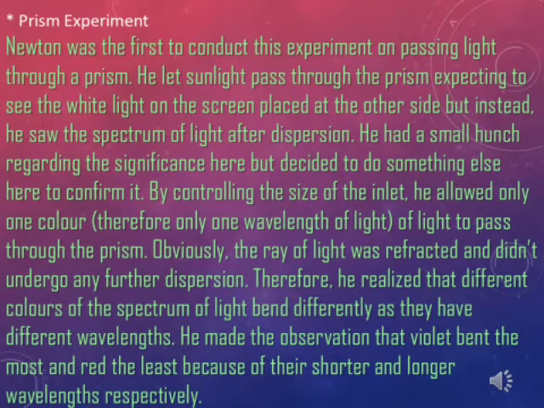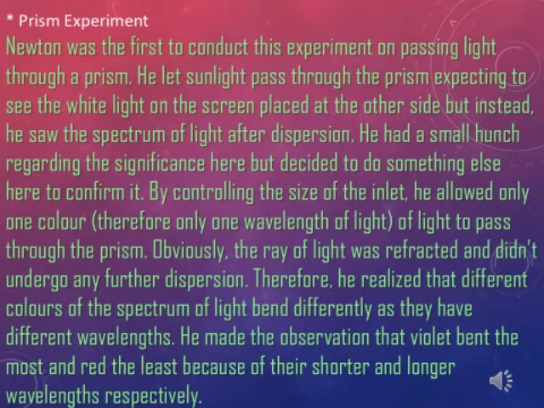By controlling the size of the inlet, he allowed only one color, therefore only one wavelength, of light to pass through the prism. The ray of light was refracted and didn't undergo any further dispersion.